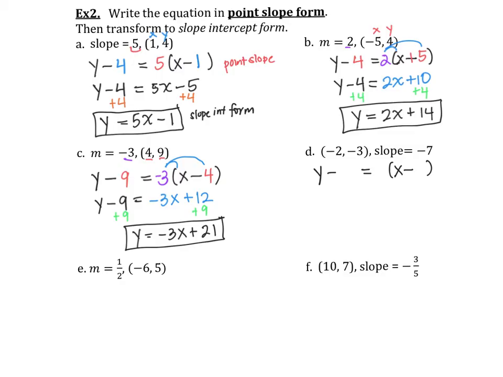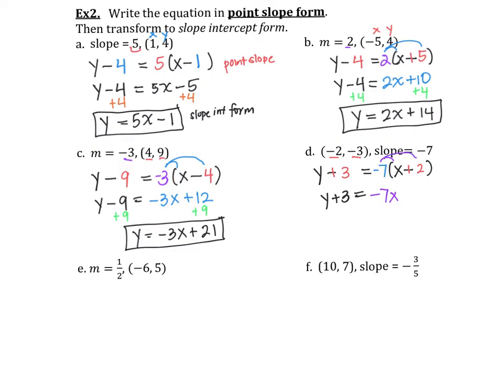We got lots of signs on this one. Let's see. X is negative 2, so minus negative is plus 2. Y is negative 3, so y minus negative 3 is y plus 3. The slope is negative 7. When I distribute, that's negative 7x.